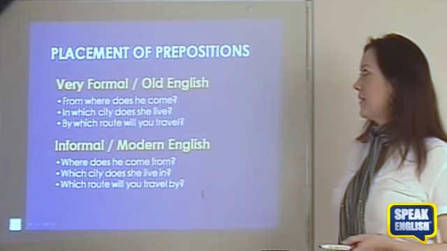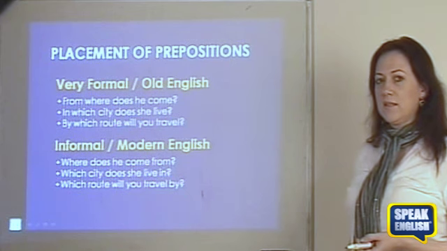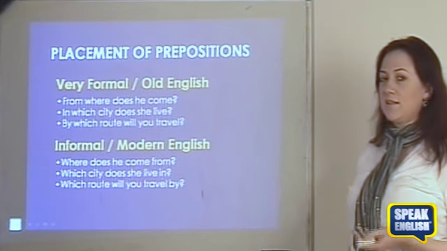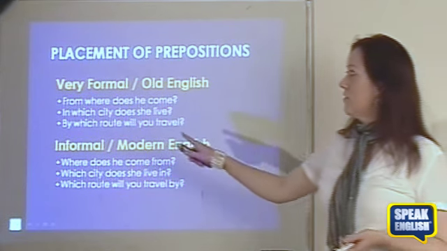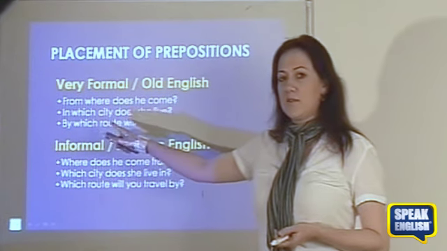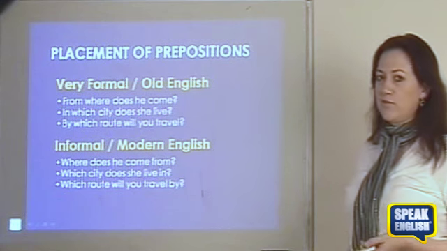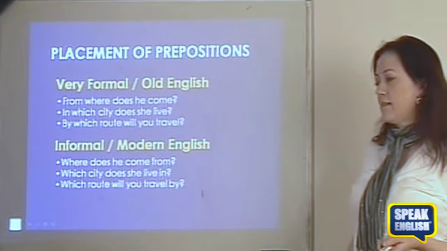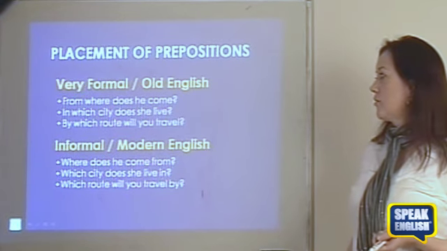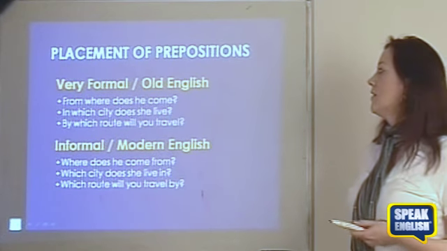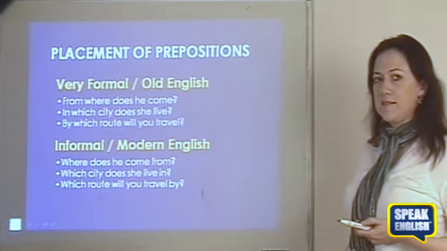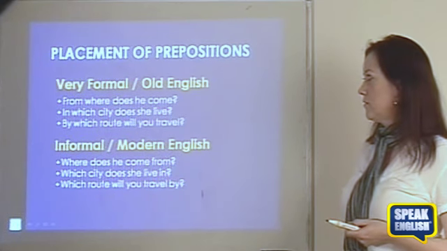Next we're going to look at the placement of prepositions. Now in old style English or very formal English today, they still use the preposition at the beginning of the question. But this is very formal. You will still see it in some books or some formal correspondence, but usually these days we use informal language.